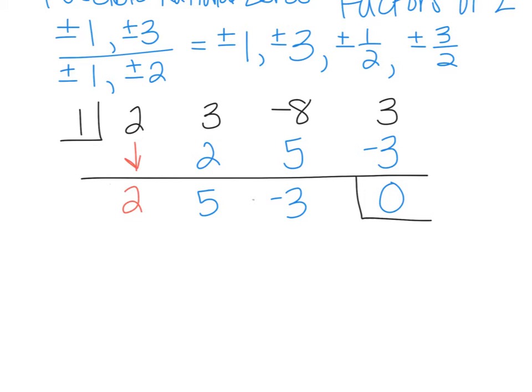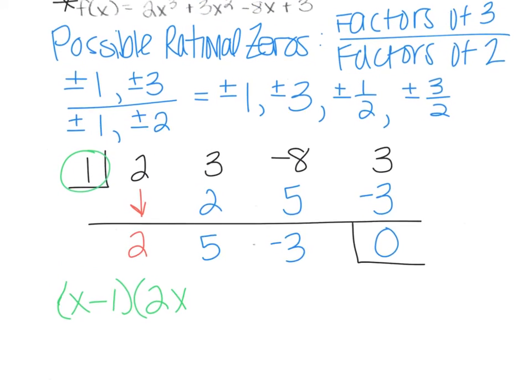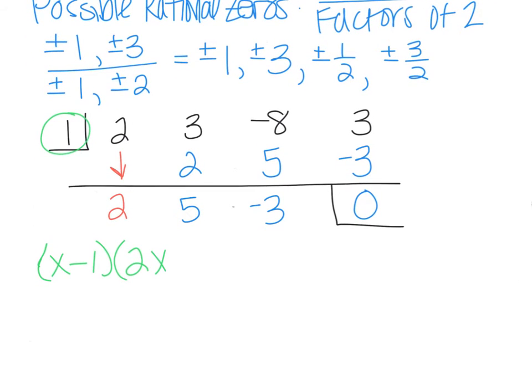Okay. So we have here that we can write our function as x minus 1, because this 1 is a factor, times 2x squared plus 5x minus 3.